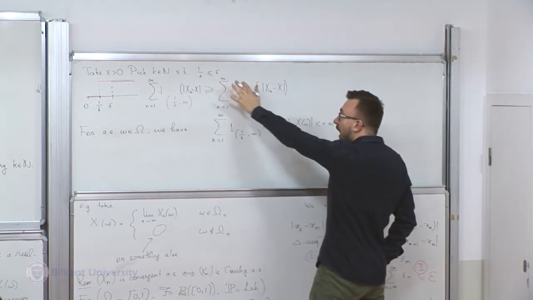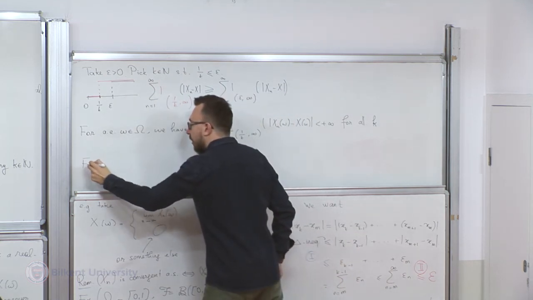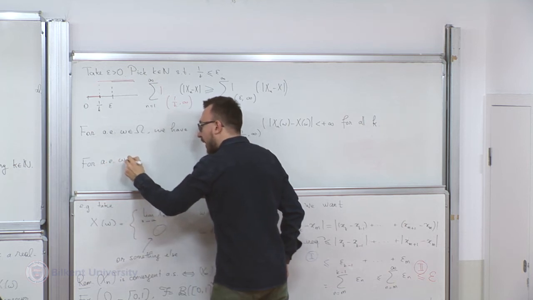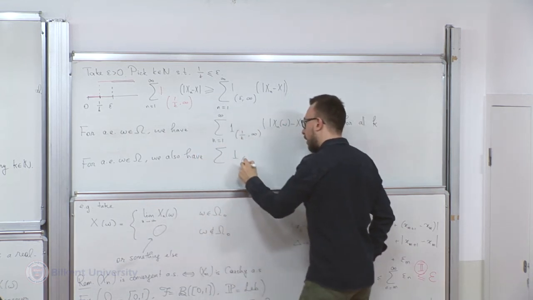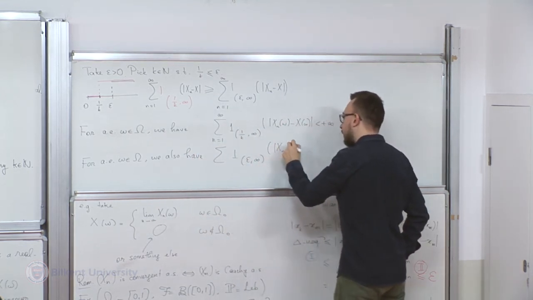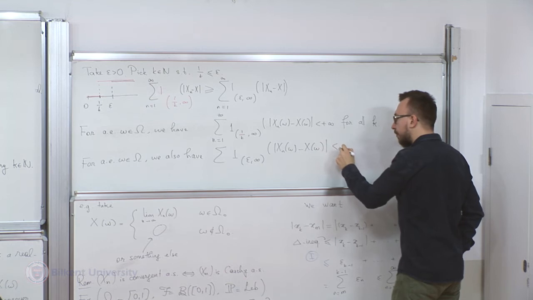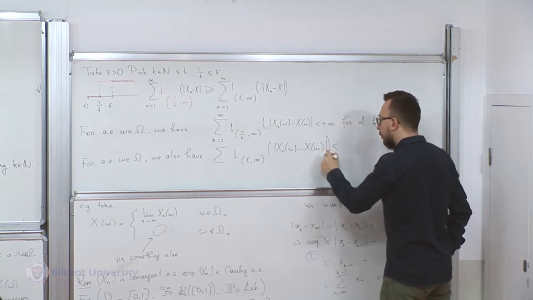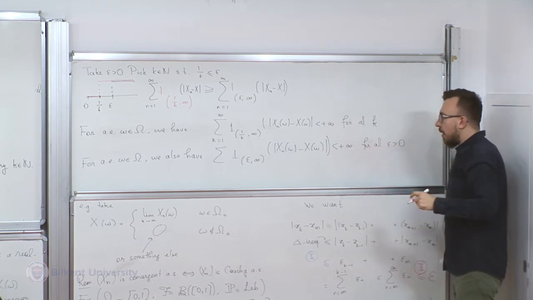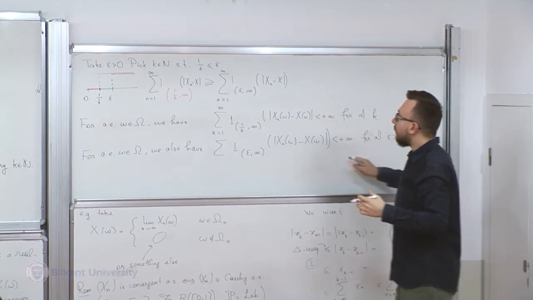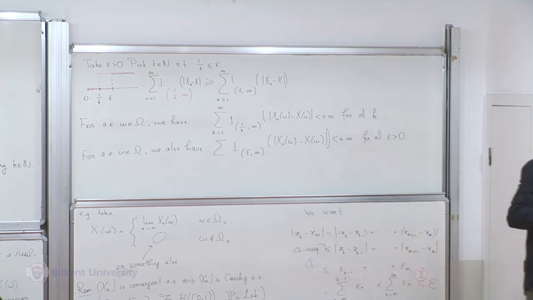And since for every epsilon, I can upper bound it by some 1 over k, for those almost every omegas, we also have that this is less than infinity for all epsilon. Because I can always find some k that upper bounds it, which makes it finite. Okay?